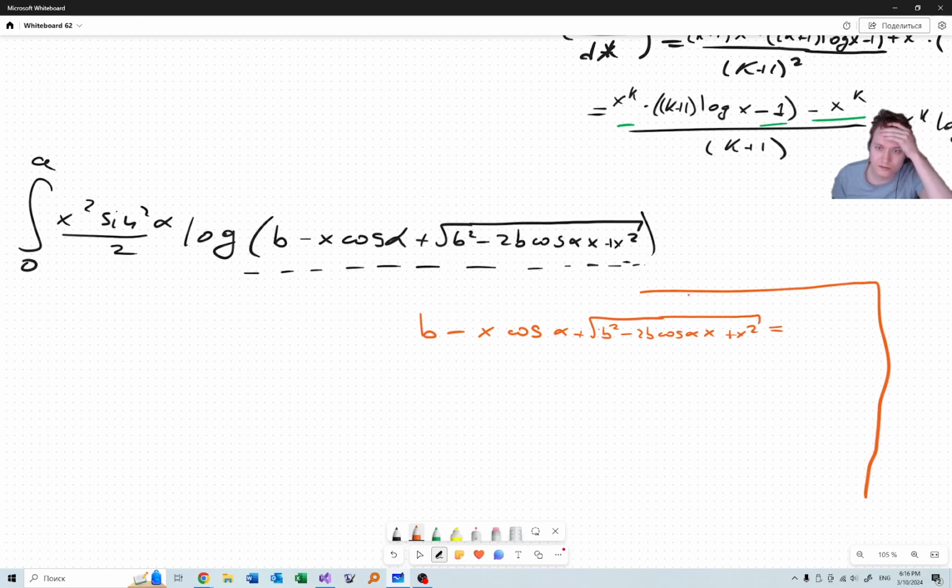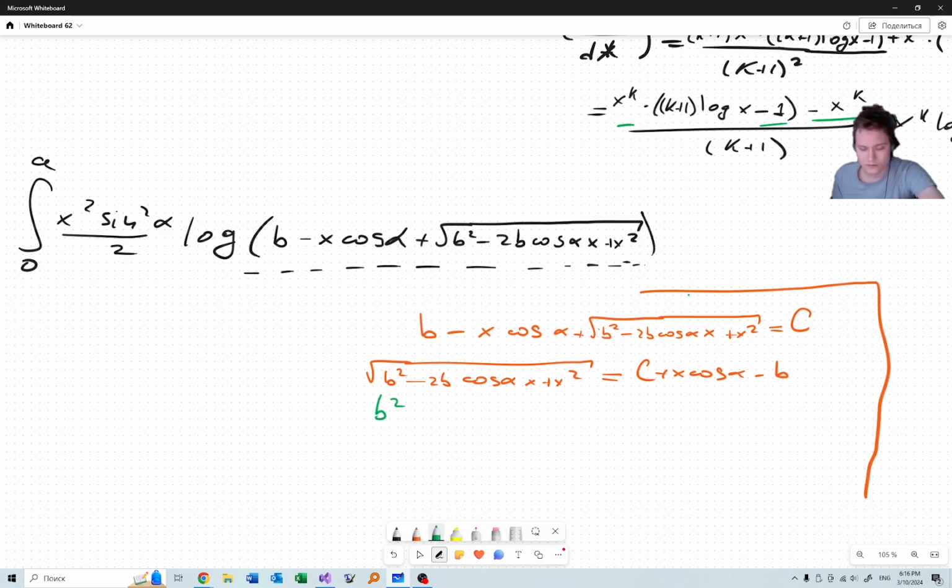So this is not a square, but for example, it's like c. Okay, now we can say that b squared minus 2b cos alpha x plus x squared is c plus x cos alpha minus b. And we can take the square. So b squared, no, let's keep orange.